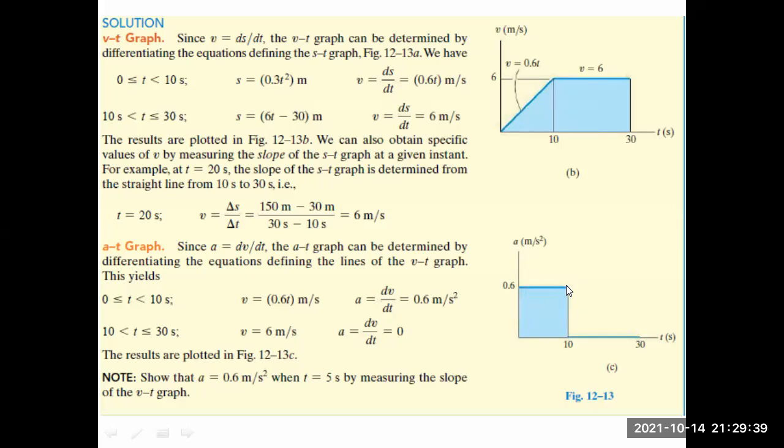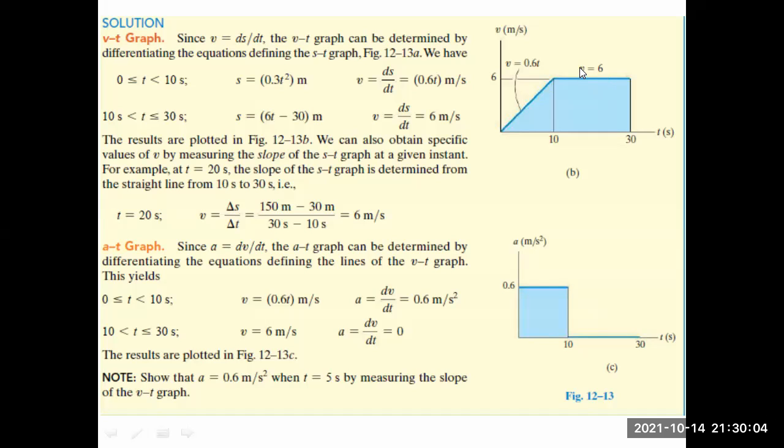Then from 10 to 30, what are you going to get? This equation represents the domain from 10 to 30. If you differentiate the second equation of V, do you have any T in this equation? No T, so you're going to get 0.